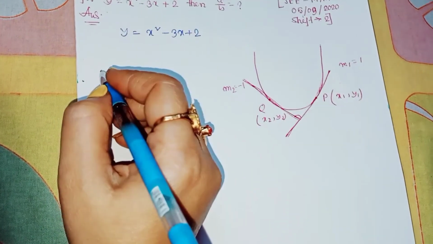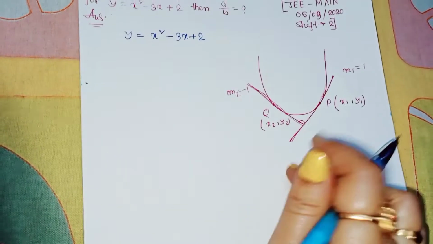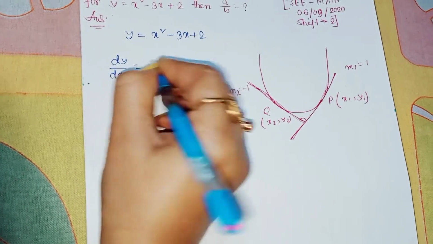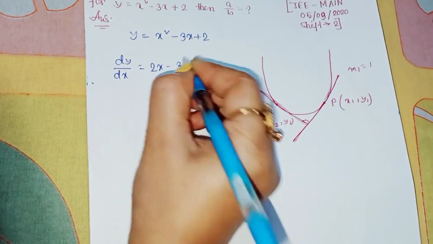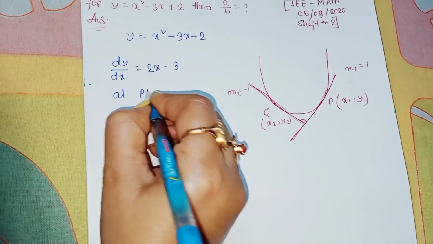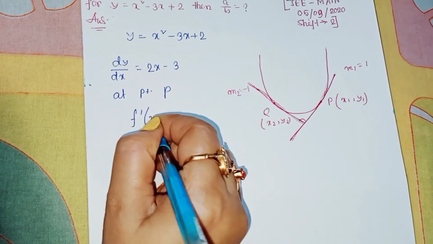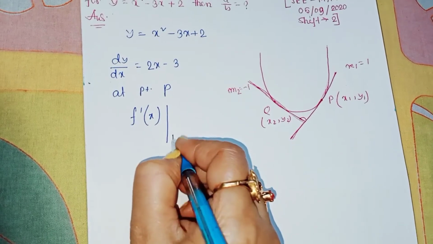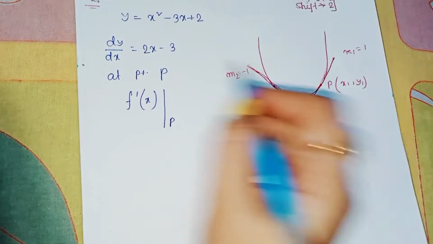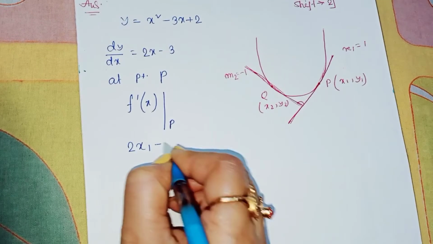So now, taking the derivative first for the first tangent, dy by dx is equal to 2x minus 3, and at the point P, f dash x, where the point P is x1 y1, it becomes 2x1 minus 3.